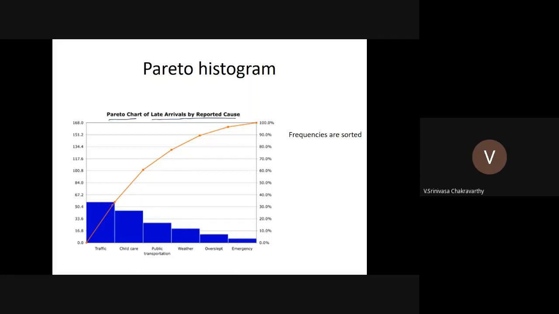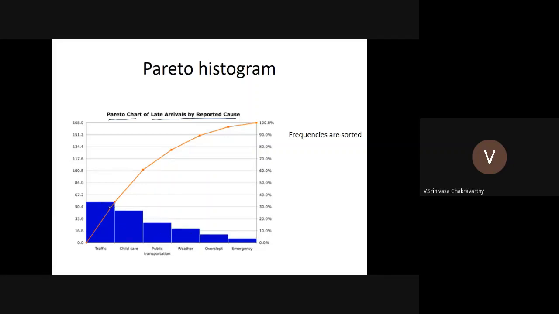So there are many causes that lead to this phenomenon, this effect of late arrival. Each of these causes has different frequencies. Now you order these causes in descending order of frequencies. So that gives an idea of which is a more important cause, which is a less important cause.